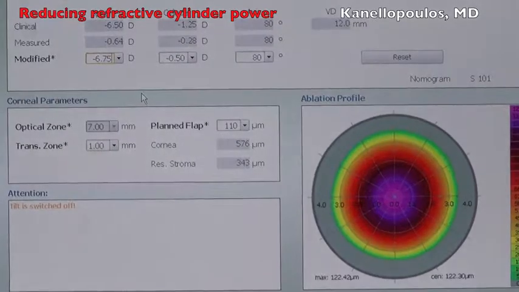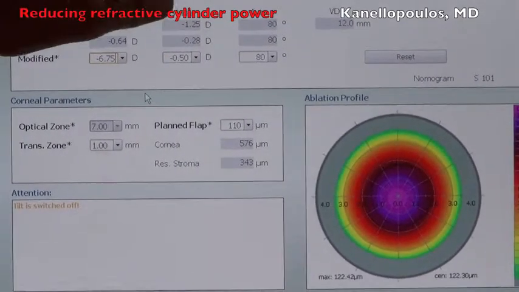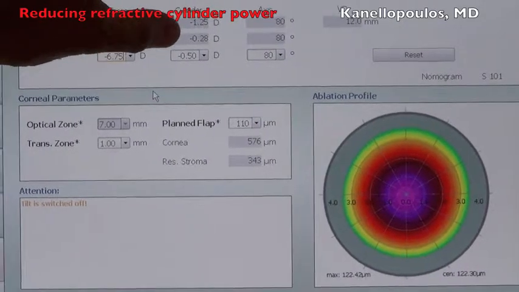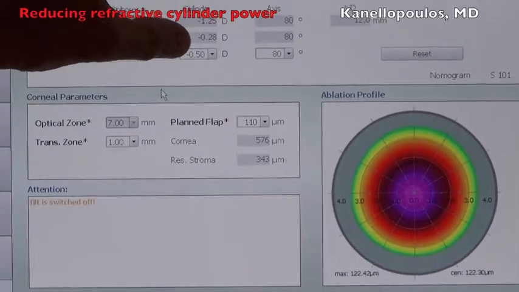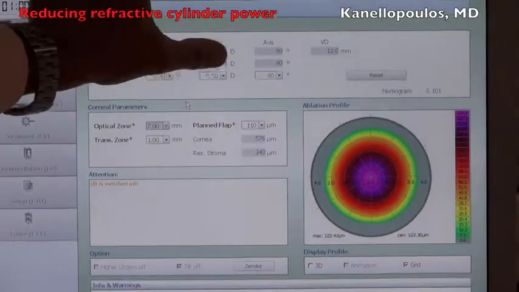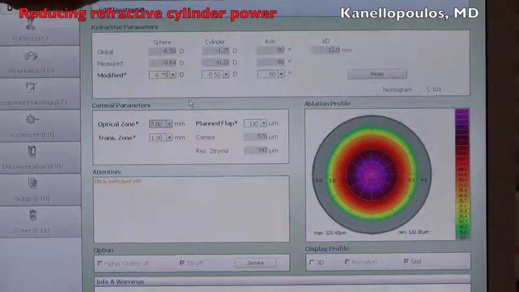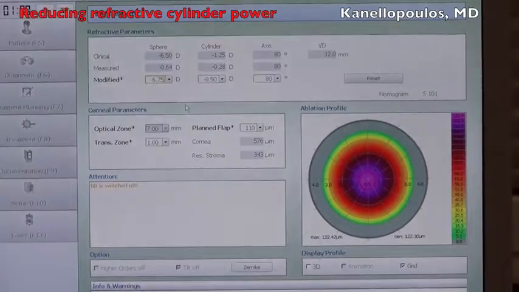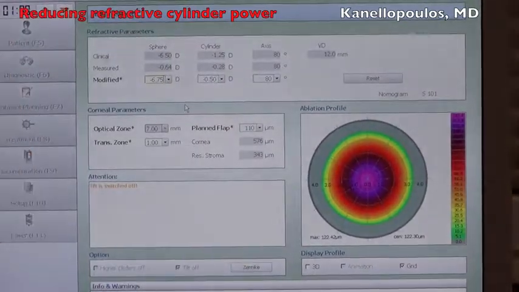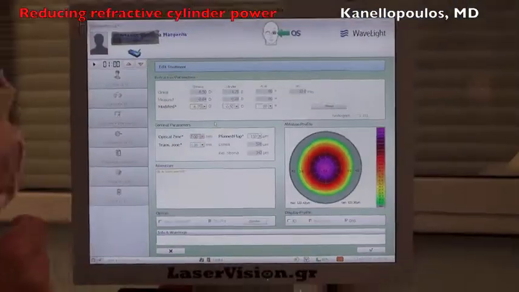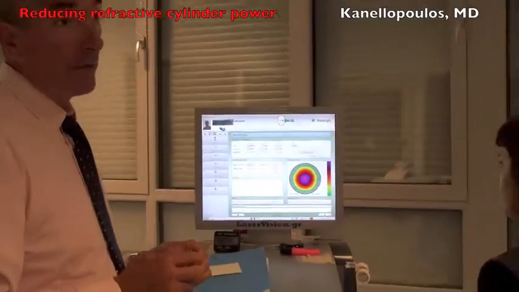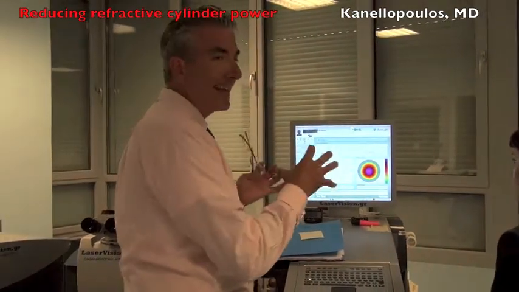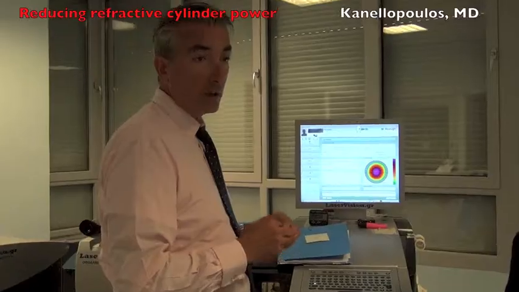So this is an example where we're dramatically reducing the refractive cylinder to manage the topographic cylinder. We're cutting 0.75 diopters of cylinder, and we're compensating that by increasing the sphere by the appropriate amount. So this is our technique. These are the lessons we've learned this last year from incorporating topographic guided data into refining our clinical refraction.